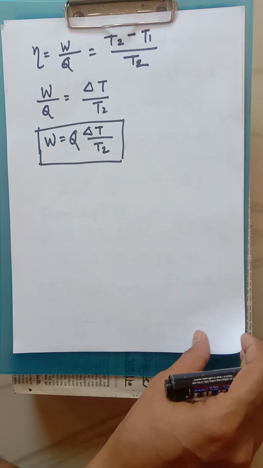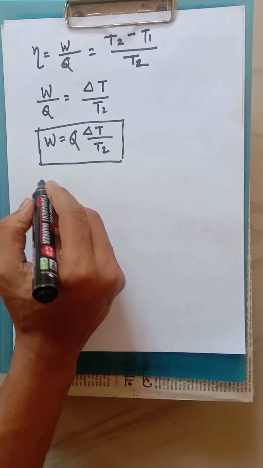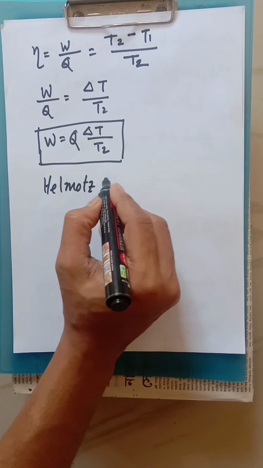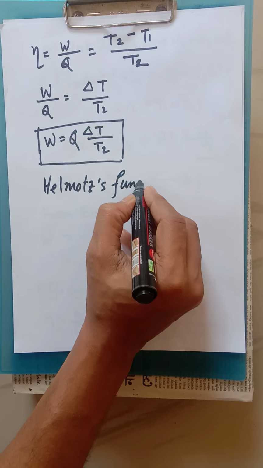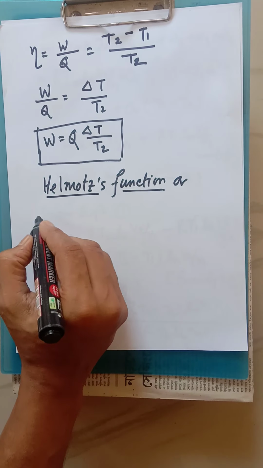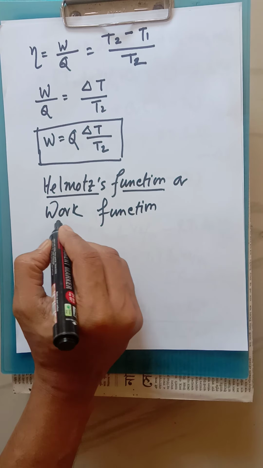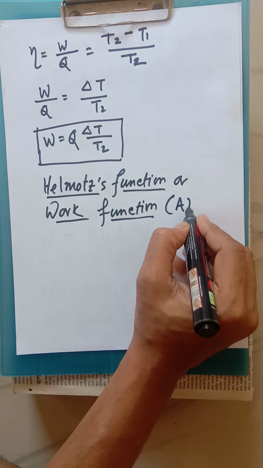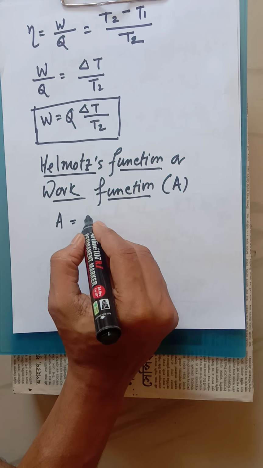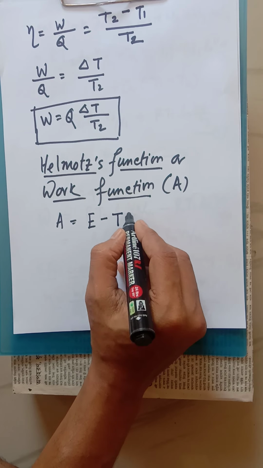Now moving to the next important part, that is the Helmholtz function, or the work function, mentioned as A. Now this A is represented by E minus Ts.